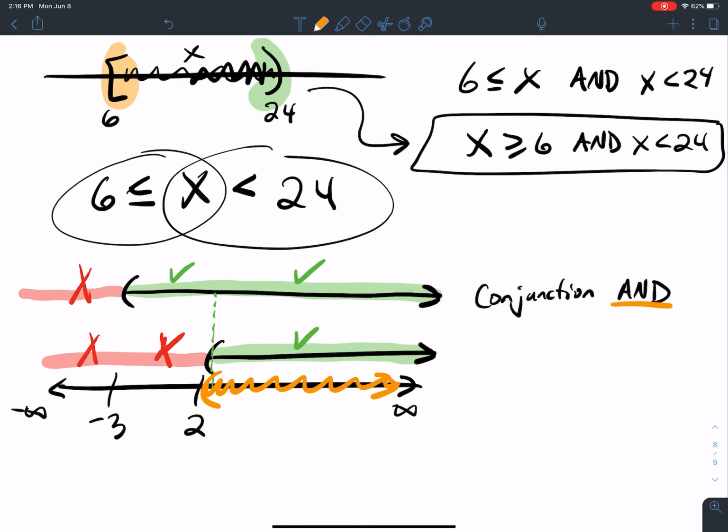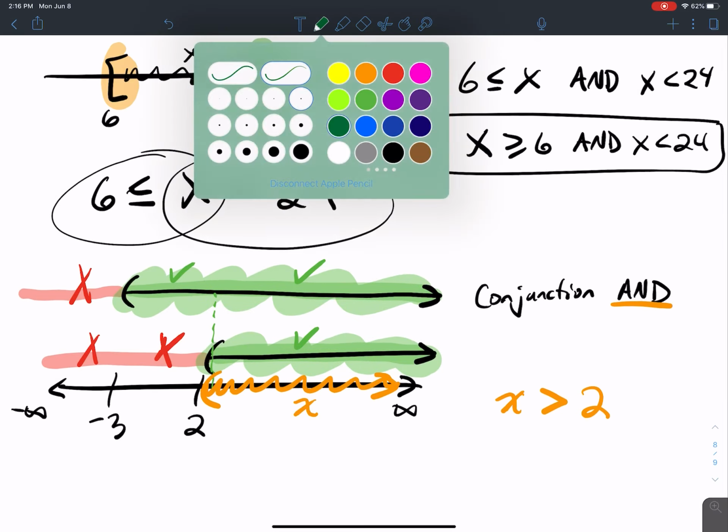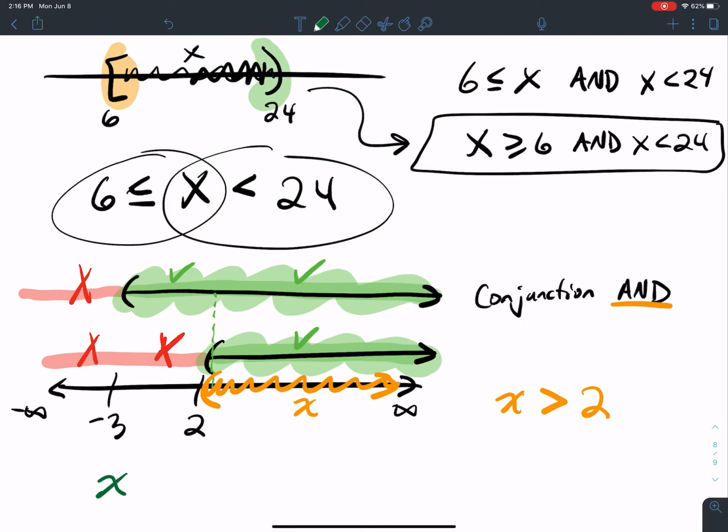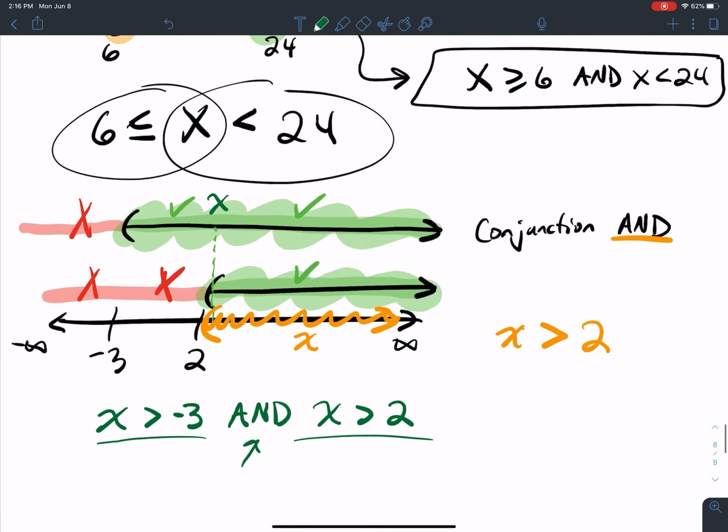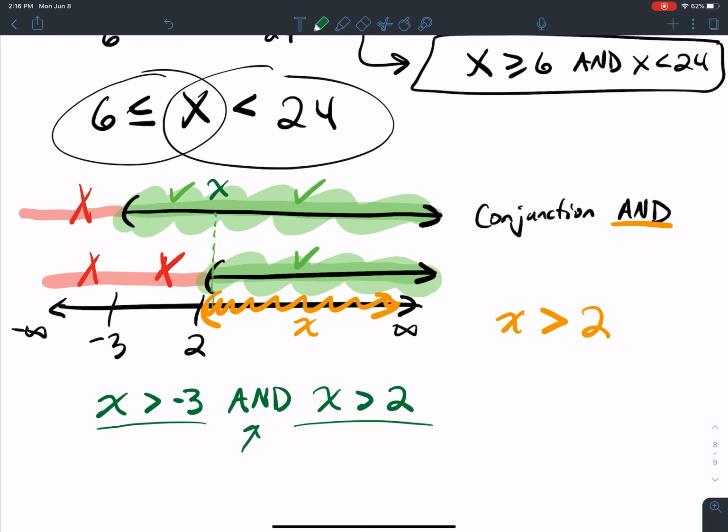Okay? And so what is this going to be? It's going to be x values that are greater than 2. Right? So if you looked at this and you're going to graph this one and this one, okay, that statement would be x is greater than -3 and x is greater than 2, okay? But if and is the statement, that means both must be true.